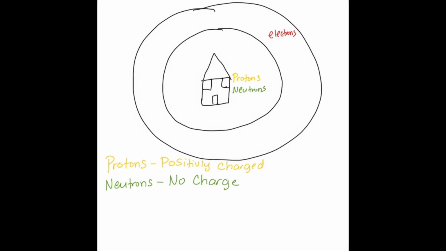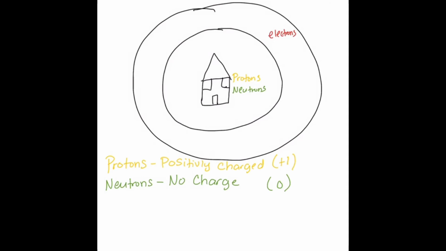So you think of a neutron as neutral. If I have a positive, let's say a +1, inside the house, and I have something that is no charge, so that would be a 0 inside of the house, what would my total charge be? Well, my total charge inside the nucleus would be +1 or totally positive, right?